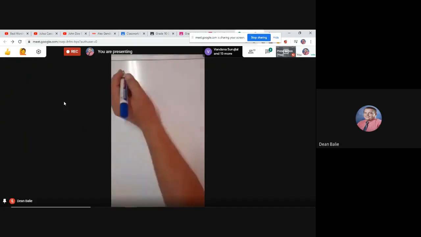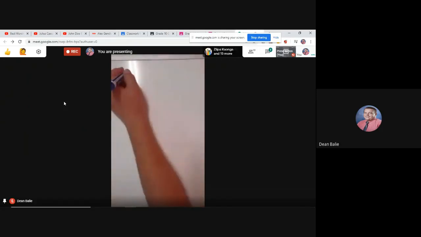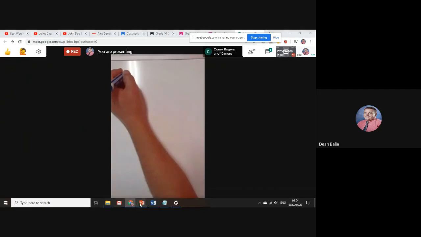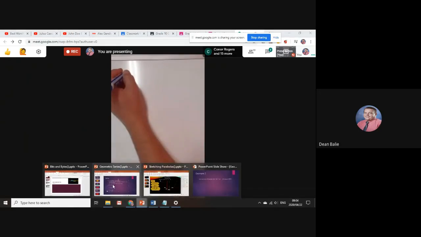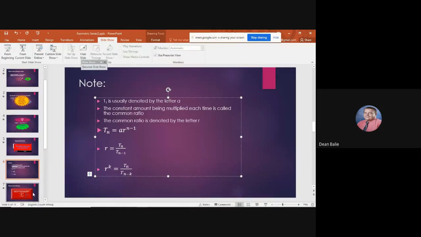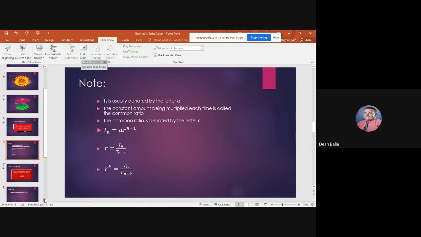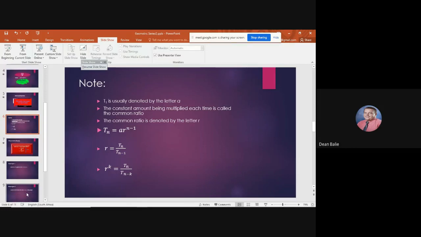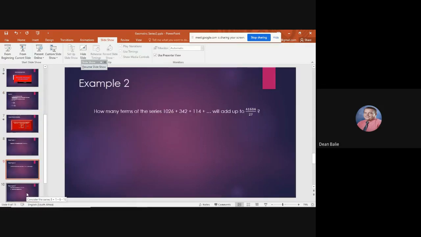Okay, so the question we were given, we had this horrible fraction. Let me just get back to the question. So far we know that R is 1/3.